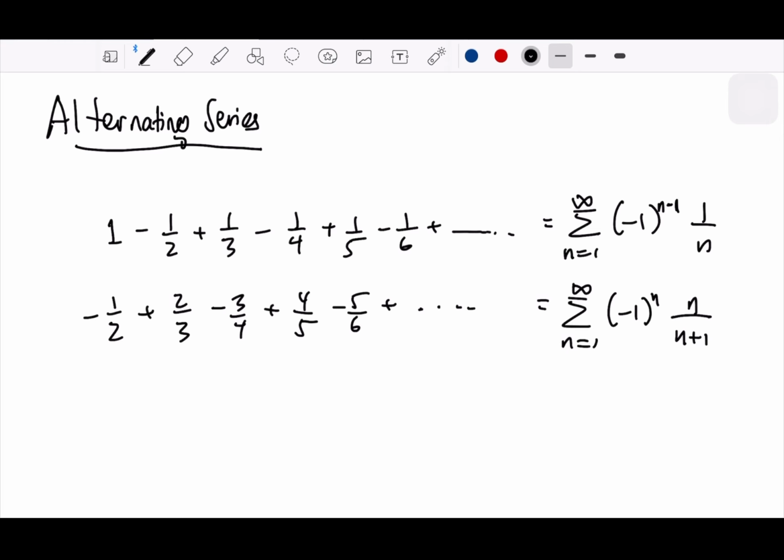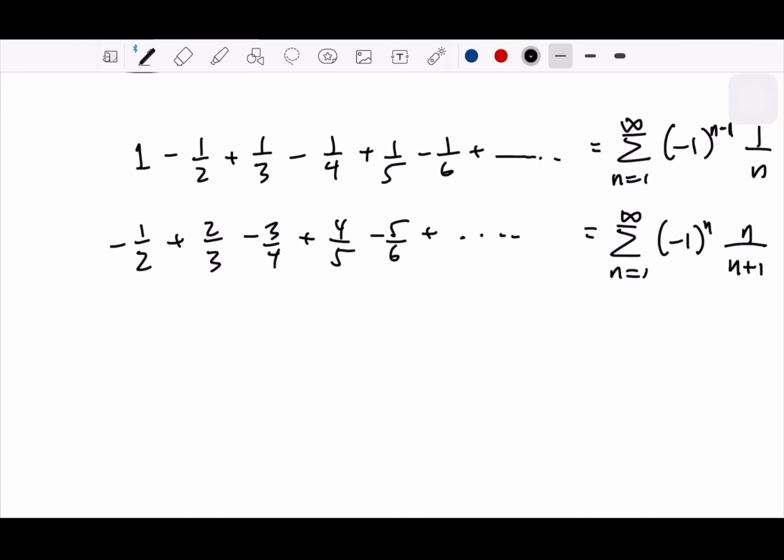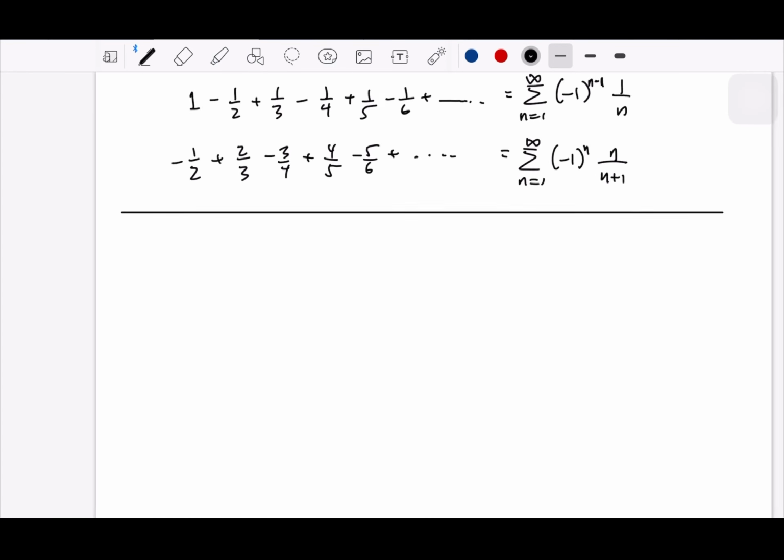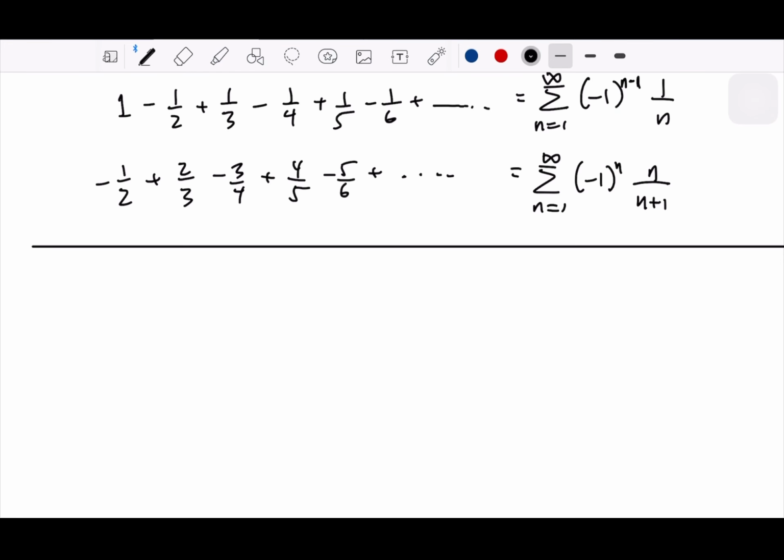Okay? And there are several conclusions, if you imagine the alternating series. Let me write down the theorem of this alternating series. So we start with the alternating series test. Okay.